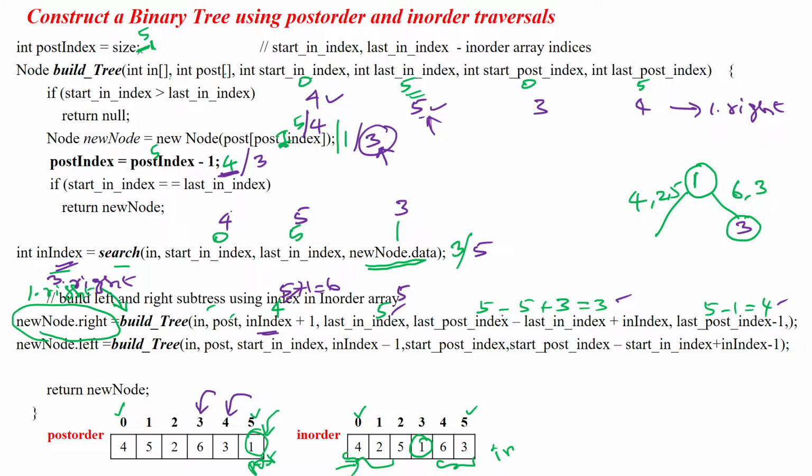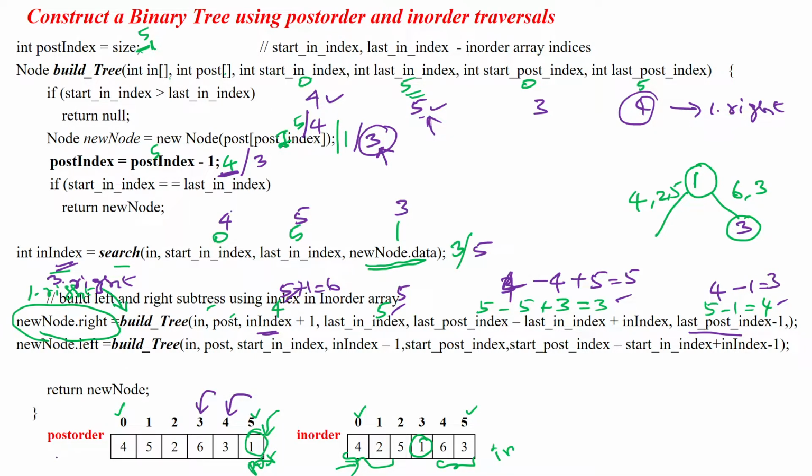Then here we are passing last post index is 3, sorry 4. So last post index is 4 minus 4 plus in index 5, so it is 5 now. Then last post index is here 4, 4 minus 1 equal to 3.